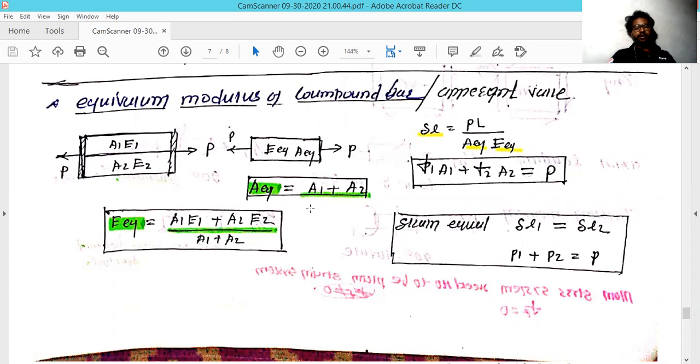To find the equivalent modulus of elasticity, we use E1 A1 plus E2 A2 divided by the total area, which is the equivalent area of the two. Once you find this equivalent area and equivalent modulus of elasticity, you can find the total change in length of that combination of two materials, which is PL divided by the equivalent area times the equivalent modulus of elasticity. This is how you can find the change in length for the entire cross section.